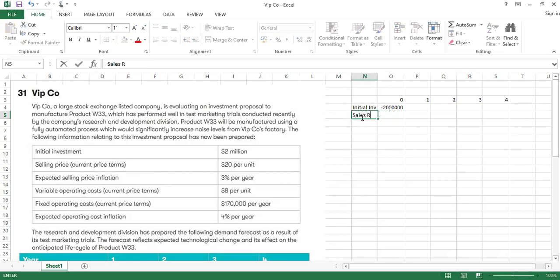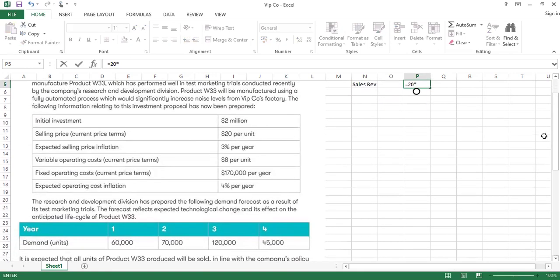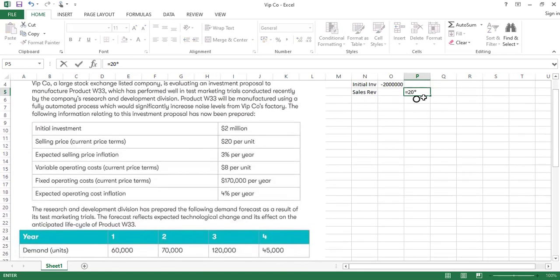Sales revenue is equal to selling price, which is 20, into units. For year 1, units are 60,000, into 1.03 raised to power 1, which is inflation.